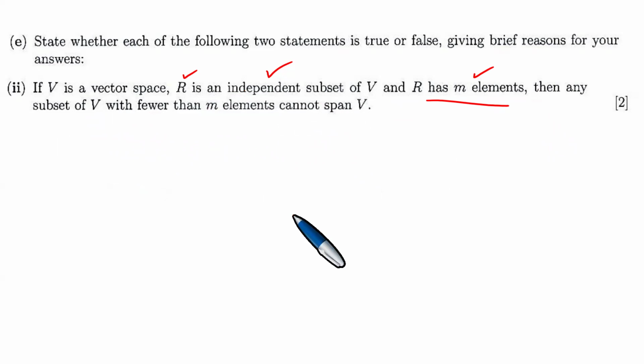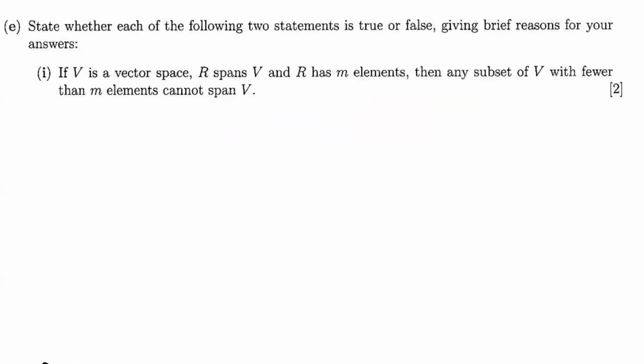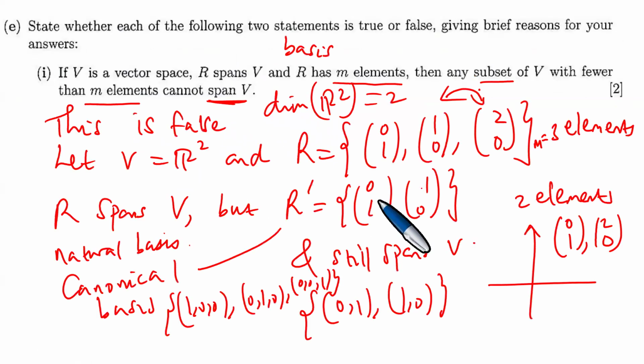This is true, because you already have a linearly independent subset. In the previous case, it was just a subset of V. But R is already linearly independent. In this example, R spans V and has M elements.